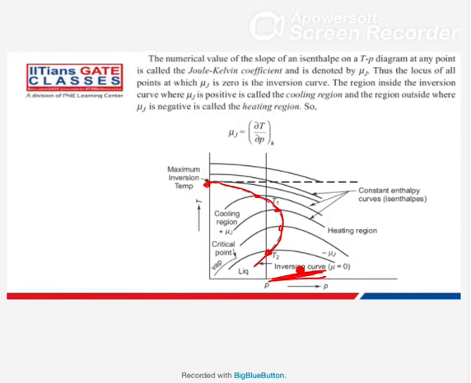This is very important. When you join all the highest temperature points, you will get the inversion curve.